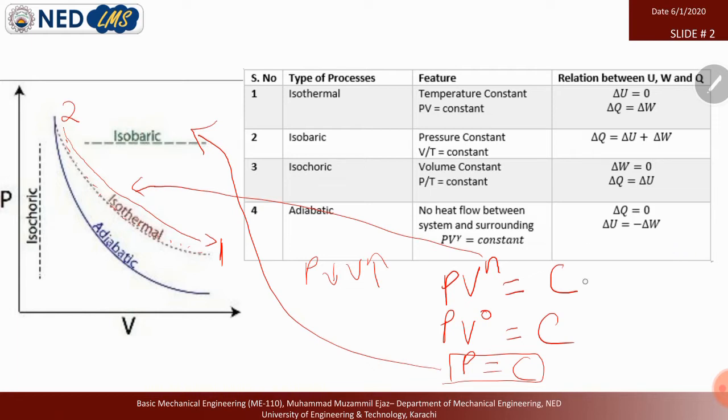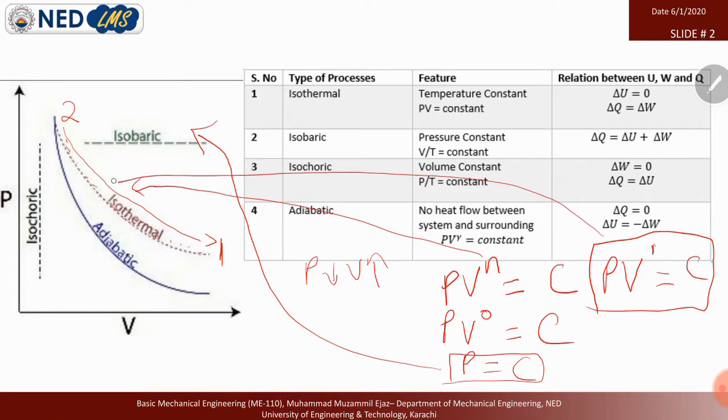But in the case when n is equal to 1, PV = C is the process equation for the isothermal process. So it becomes this, and this shows how the path will differ from this point.